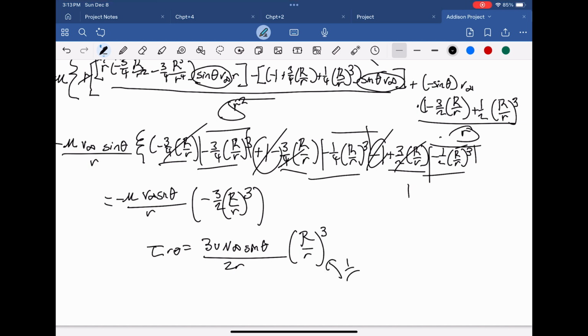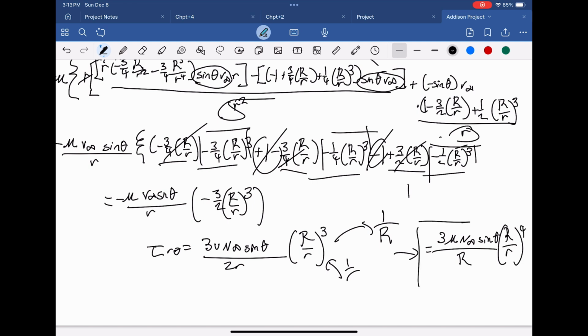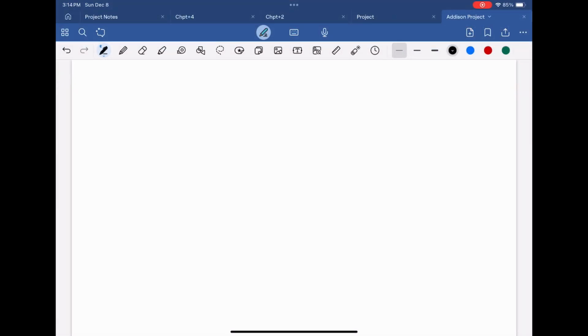But now you see we're putting the 1 over r back in, and we're taking out a 1 over big R, which is going to raise the power of the equation. So we have 3 mu v infinity sine theta over big R times big R over little r to the 4th power. And this is going to be our second stress tensor, tau r theta.